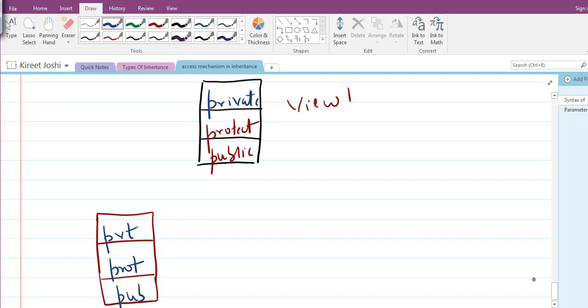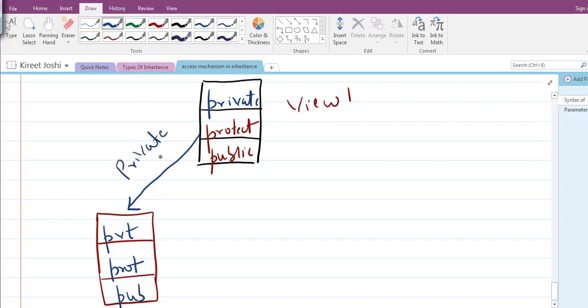It means it has its own view, so it can see its own members, and it can also see the members of its existing class. That is why the concept of visibility mode comes. Visibility mode means how the derived class is seeing the properties, features or members of its existing class. That is known as the visibility mode.